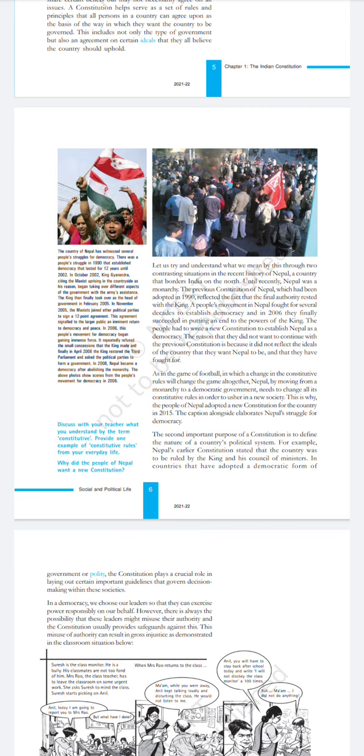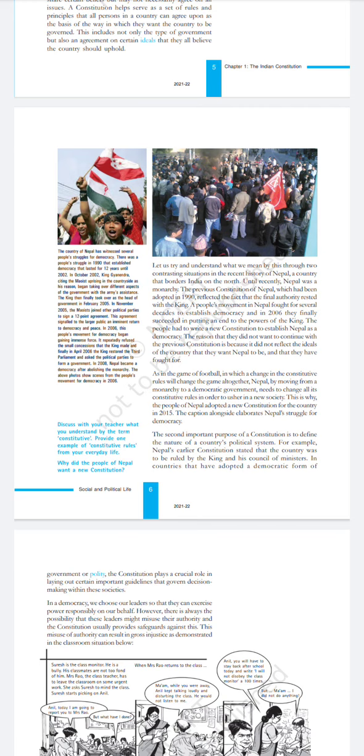The people had to write a new constitution to establish Nepal as a democracy. The reason that they did not want to continue with the previous constitution is because it did not reflect the ideals of the country that they want Nepal to be and that they have fought for.